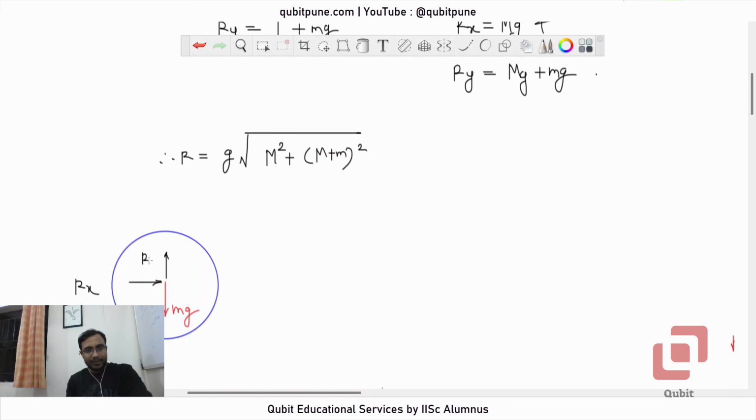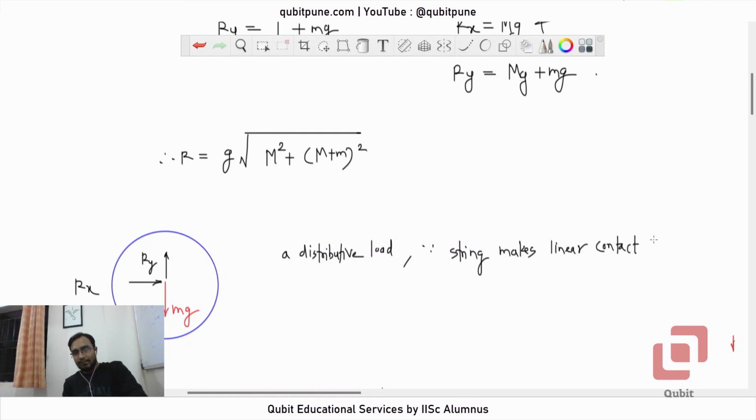But now we have to consider a distributed load, because a string makes linear contact and not point contact with the pulley. Okay, that is important.